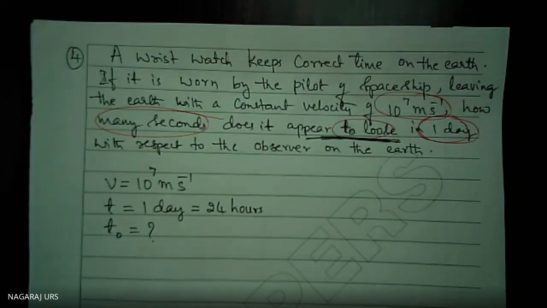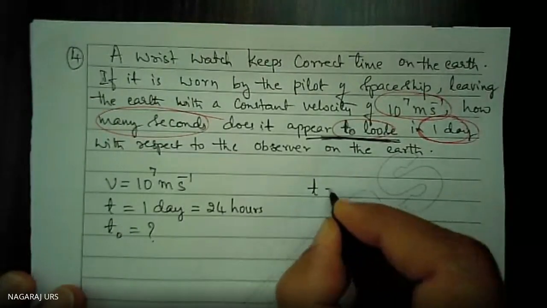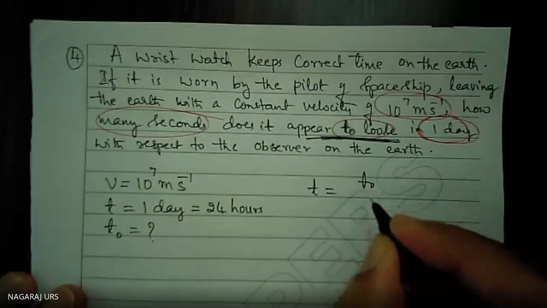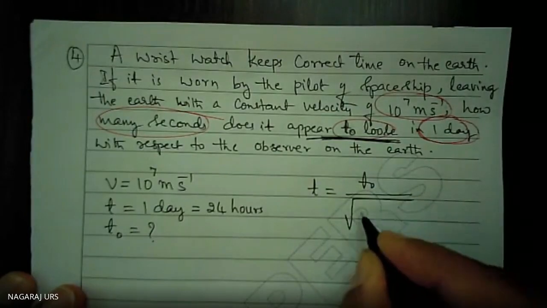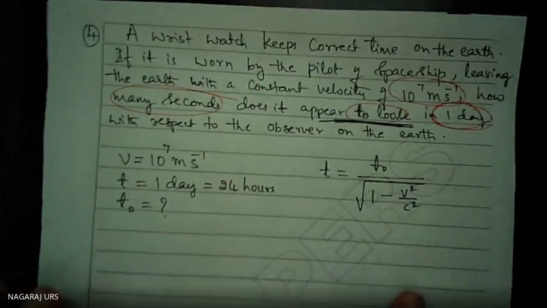Yes, formula. Constant formula: T is equal to T naught square root of 1 minus V square divided by C square.